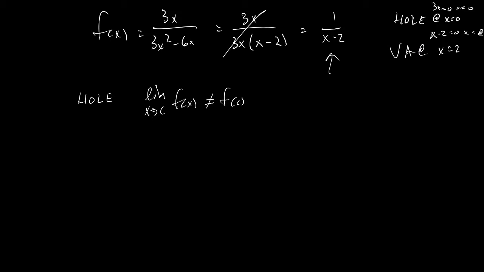So what I would do is the value that I'm approaching is 0, so the limit as x approaches 0 of my function. If I plug in 0, I'm going to get 0 over 0, so that doesn't work, so I have to look at the left and right hand side. So I'm going to plug in a number a little bit bigger than 0, so let's pick 0.001.